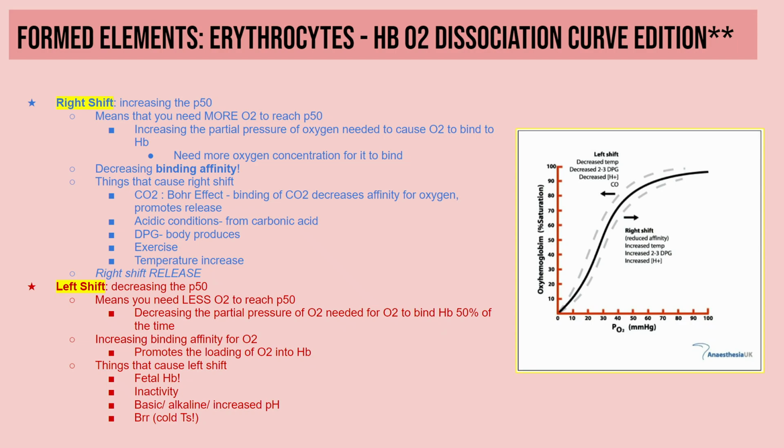You're taking in less oxygen than you would be exercising, so on that x-axis you're going to be closer to 0. So you need less oxygen to still have all of your hemoglobin with 2 oxygen bound. Cold temperatures, and then also basic environments.